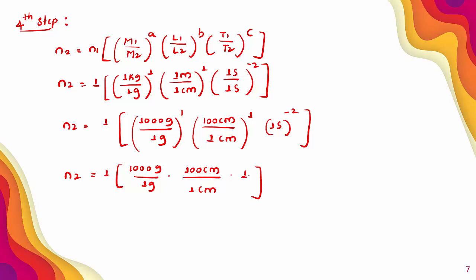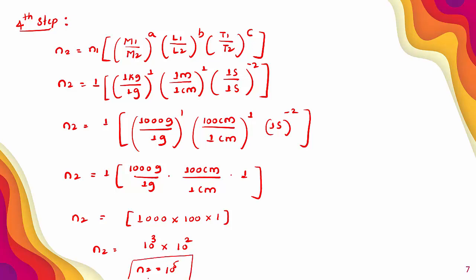So N2 equal to 1000 into 100 into 1. 1000 can be written as 10 raised to 3, 100 can be written as 10 raised to 2. So we will get N2 equal to 10 raised to 3 into 10 raised to 2, which is 10 raised to 5. What is the value of N2? N2 equal to 10 raised to 5. This is the fourth step.